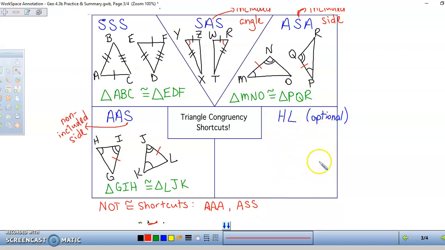Okay, so this last piece here is optional. You may stop the video if you'd like to, or I'll just review over HL if you want to hear about it. Okay, so a couple of triangles. HL actually stands for hypotenuse leg.